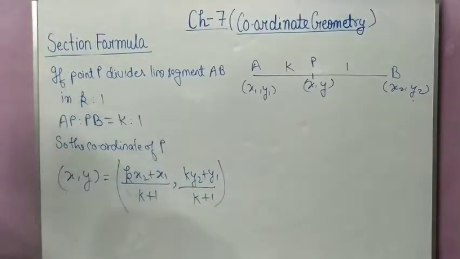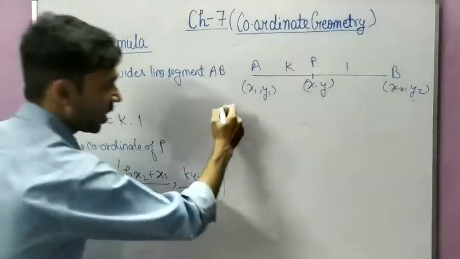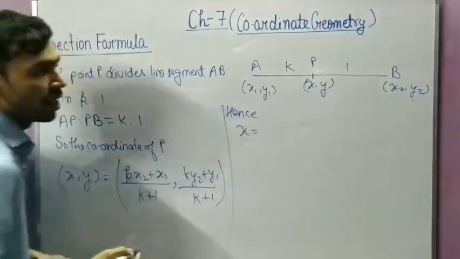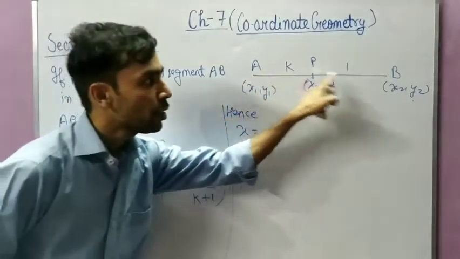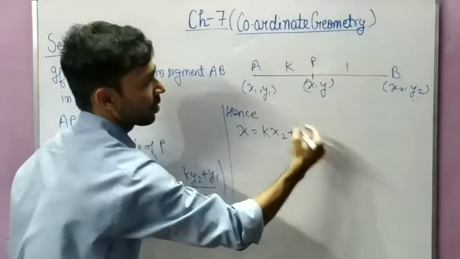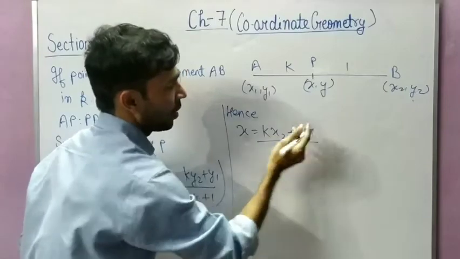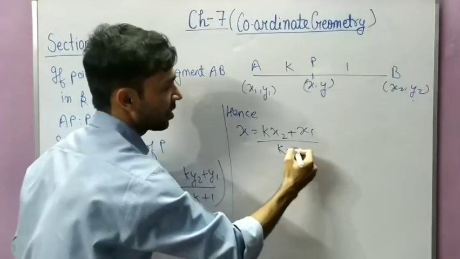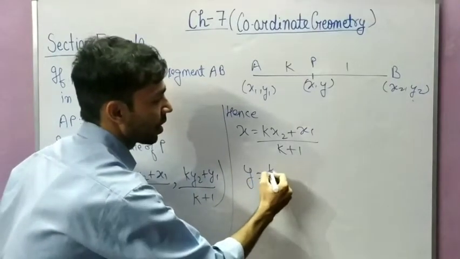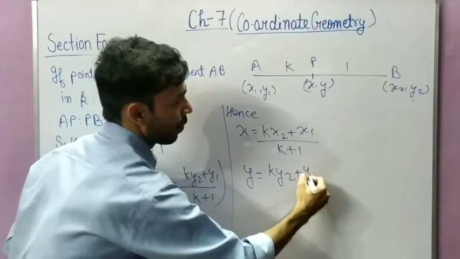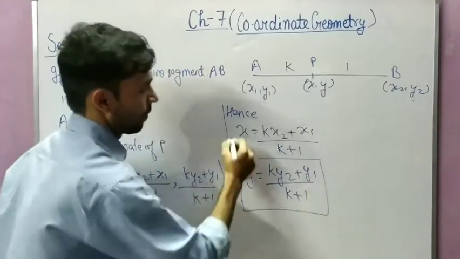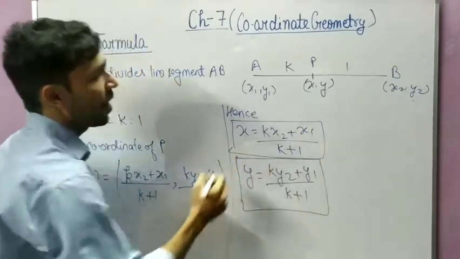Okay, means from here we can say, hence what will be x? Again same method, multiply k to x2, so what will come? Kx2 plus 1 to x1, then x1 and divided by k plus 1. So it is for x, and similarly for y, ky2 plus y1 upon k plus 1. This is the value of x and y.